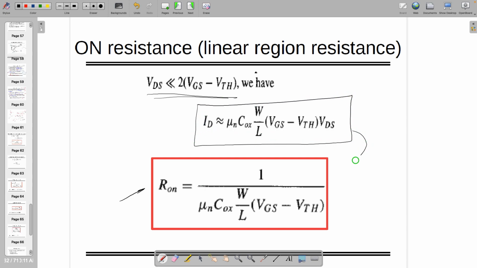We are approximating this just to make sure that you are in the linear region. That is the meaning of that. So this will be the answer for that particular R1. That was the first thing.